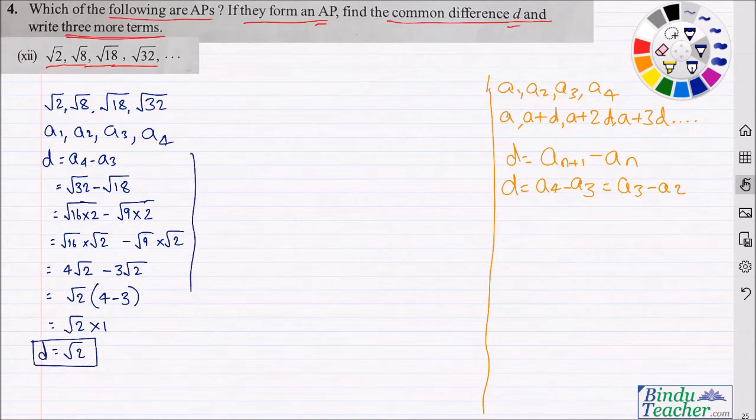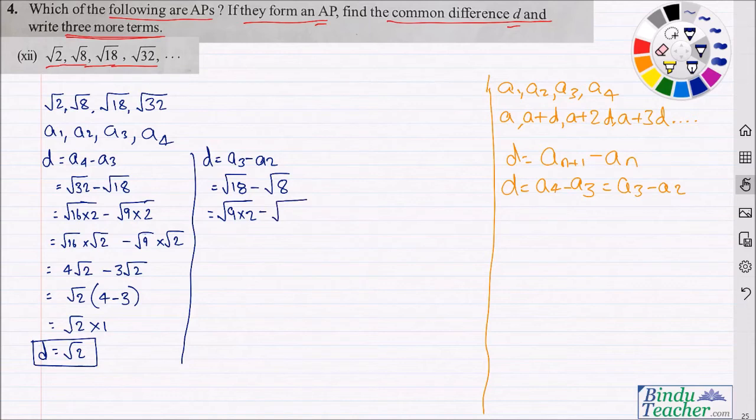Now we will verify if we get the same difference for another term. So this time let's calculate a3 minus a2. The value of a3 is root of 18 minus the value of a2, which is root of 8. Root of 18 can be written as square root of 9 into 2, minus root of 8 which can be written as 4 into 2.